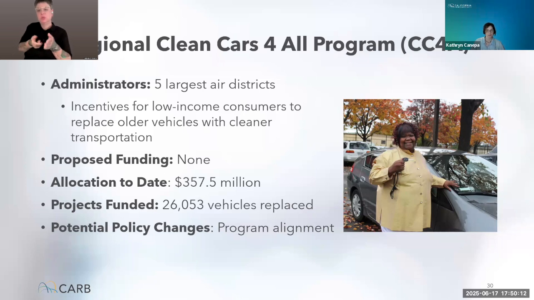Since the program inception, about $357 million has been allocated to the regional programs, and 26,053 vehicles have been replaced. Staff are exploring several policy changes that all aim for additional alignment between different incentive programs. For example, we are looking to align on income verification, household size definitions, approved dealer lists, and program closure procedures.